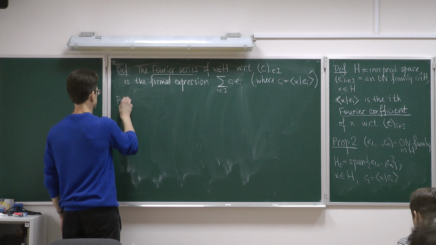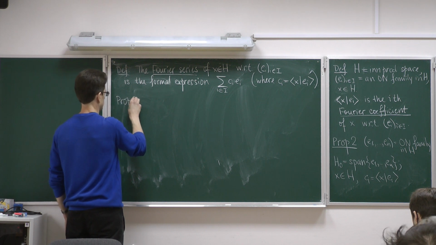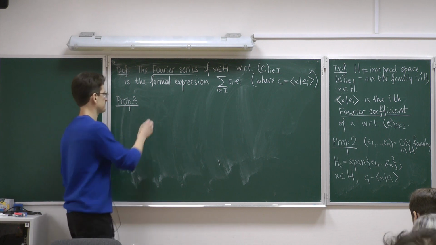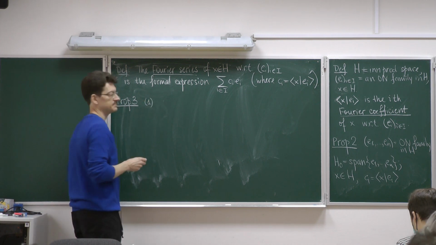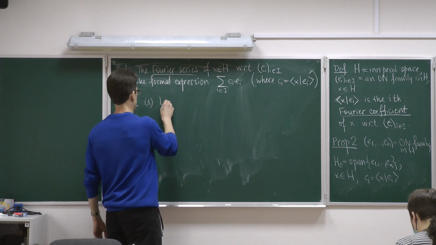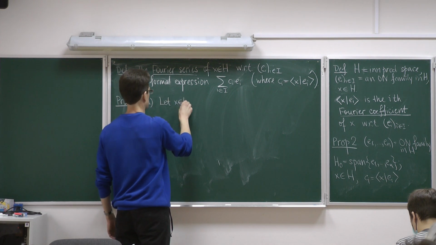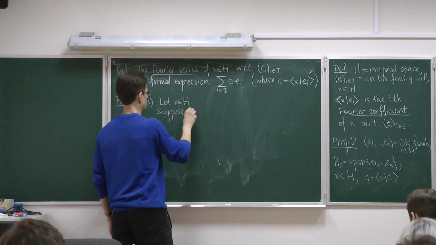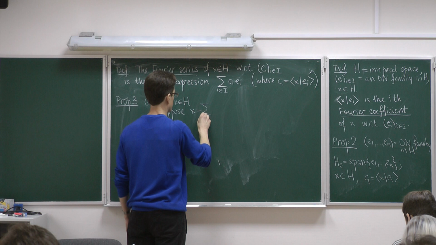Proposition 3 describes some simple elementary properties of Fourier series. So part 1. Let X be an element in H, and suppose that X can be written in the following form.